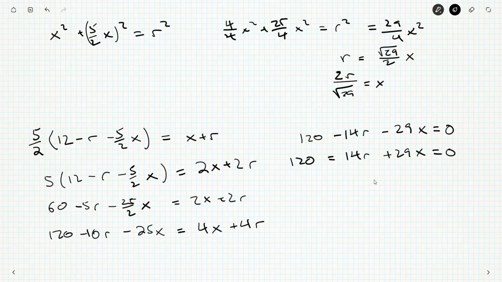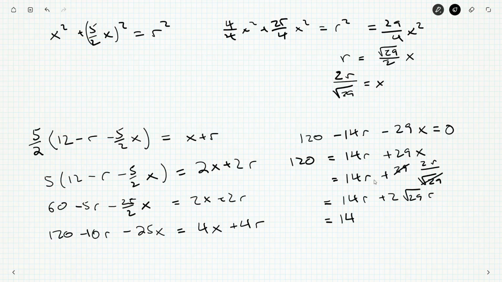So now we know what x is, so it's 14r plus 29 times 2r over root 29. So those will cancel out. Now we'll get 14r plus 2 root 29r. 14 plus 2 root 29 r is equal to 120. So r should be 120 divided by 14 plus 2 root 29, if I've done the math correctly.